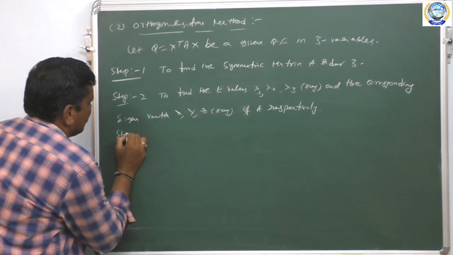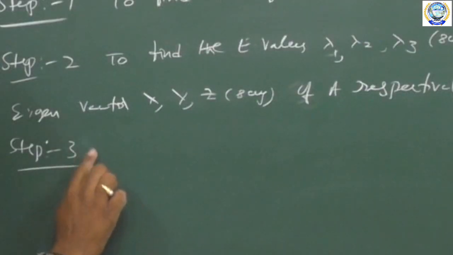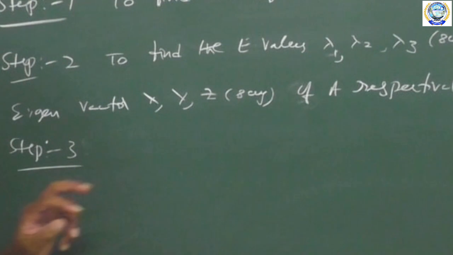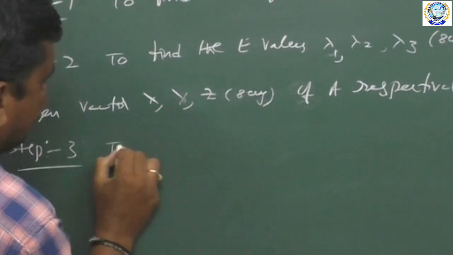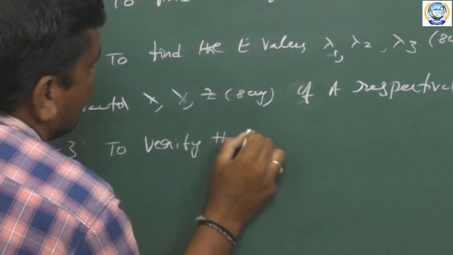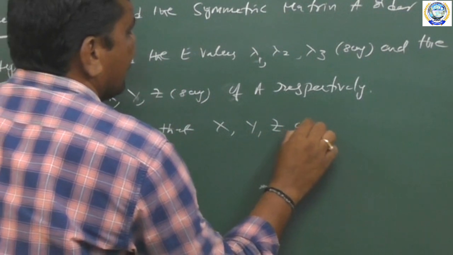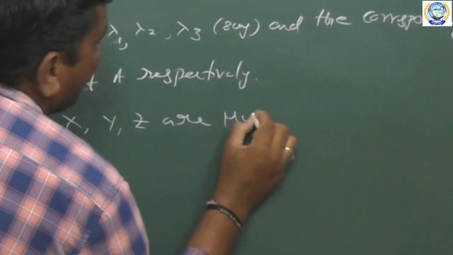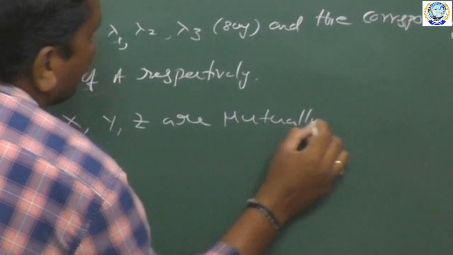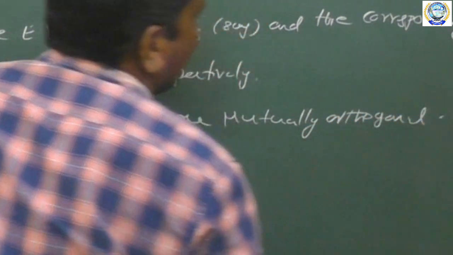Next, in step 3, to verify that these eigenvectors X, Y, Z are mutually orthogonal.